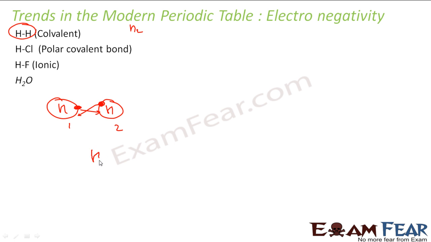But if you see HCl now, chlorine has more electronegativity. In this case, hydrogen has one electron, and they'll pair up. In H2, these electrons will share equal time with both hydrogens.